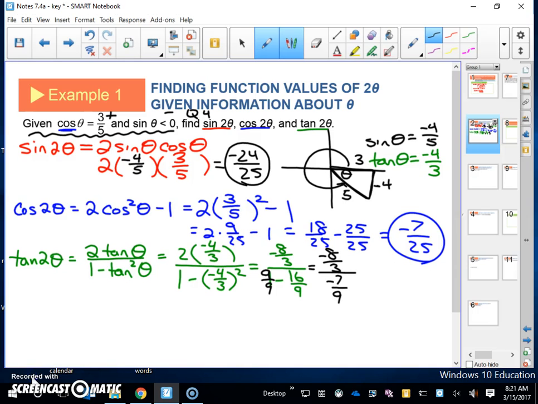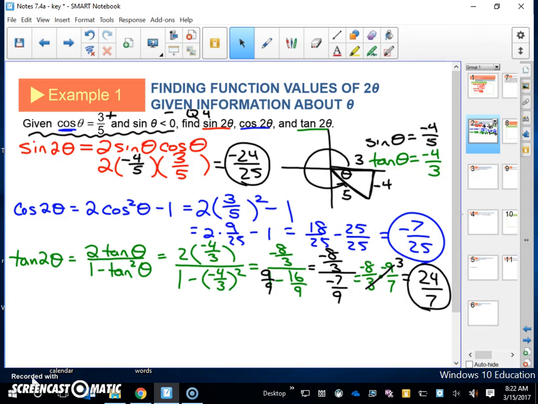We're dividing fractions, so let's multiply by the reciprocal: negative 8/3 times negative 9/7. 3 goes into 9 3 times. Negative 8 times negative 3 is 24, so I've got 24 over 7. Tangent 2 theta equals 24 over 7.